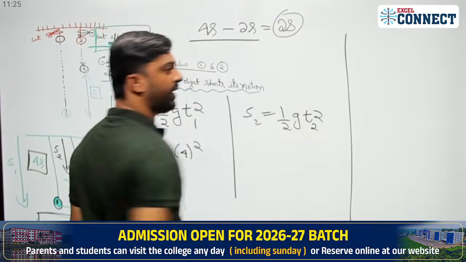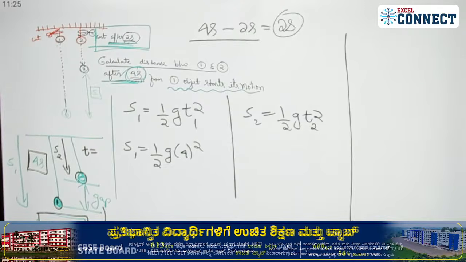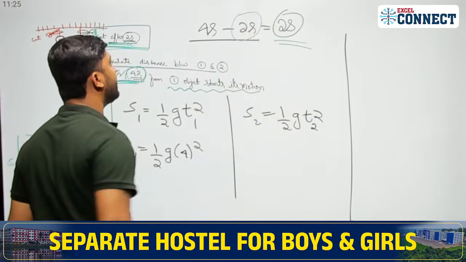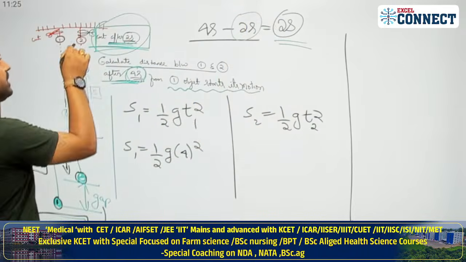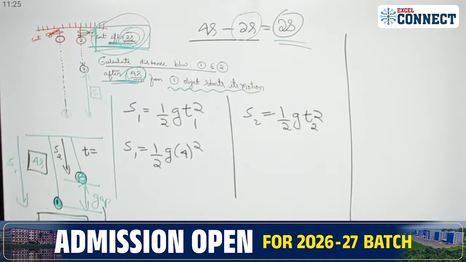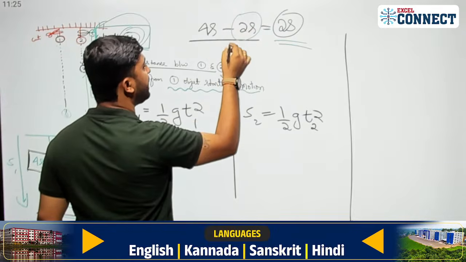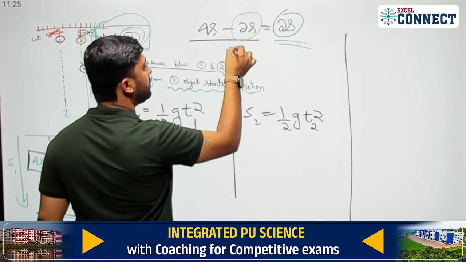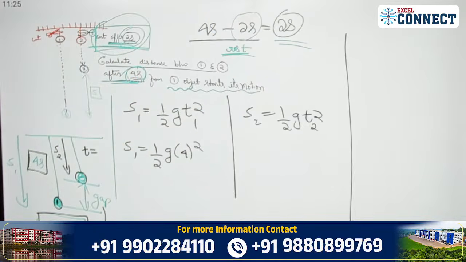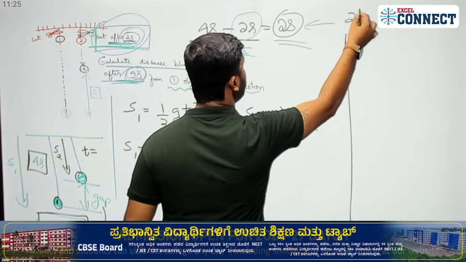Time of travel is 4 minus 2, which is 2 seconds. So the second object takes time 2 seconds.